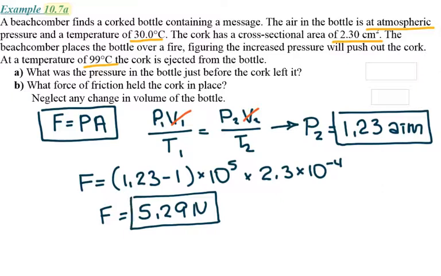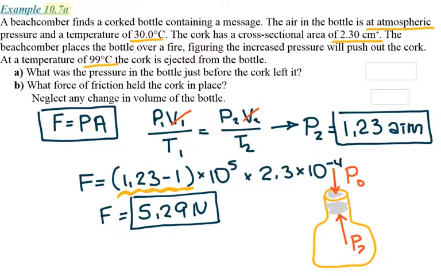And if somebody is confused why I subtracted two pressures, if I have the bottle and there is a cork, then the pressures that the cork is experiencing are, one, the atmospheric pressure, and the other one is the pressure from the bottle, which is pressure 2.